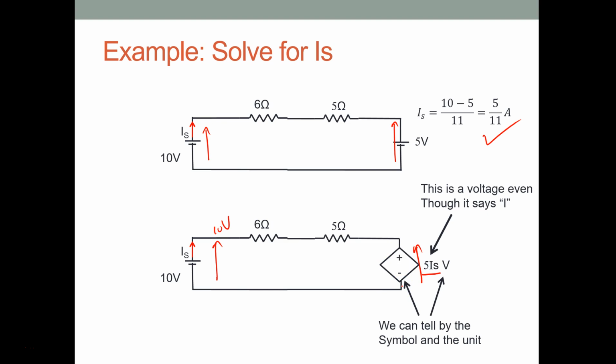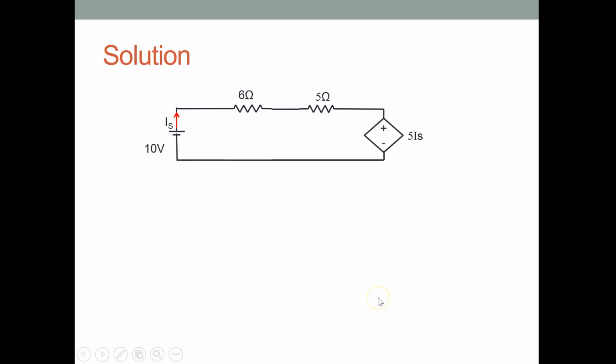So how would we go about solving this circuit now? Now we have 10 volts and we have the voltage here. We don't know what it is, we just know it is 5 IS volts. So just like before in the previous example with the independent source, when this was 5 volts, we had 10 volts minus 5 volts on 11.